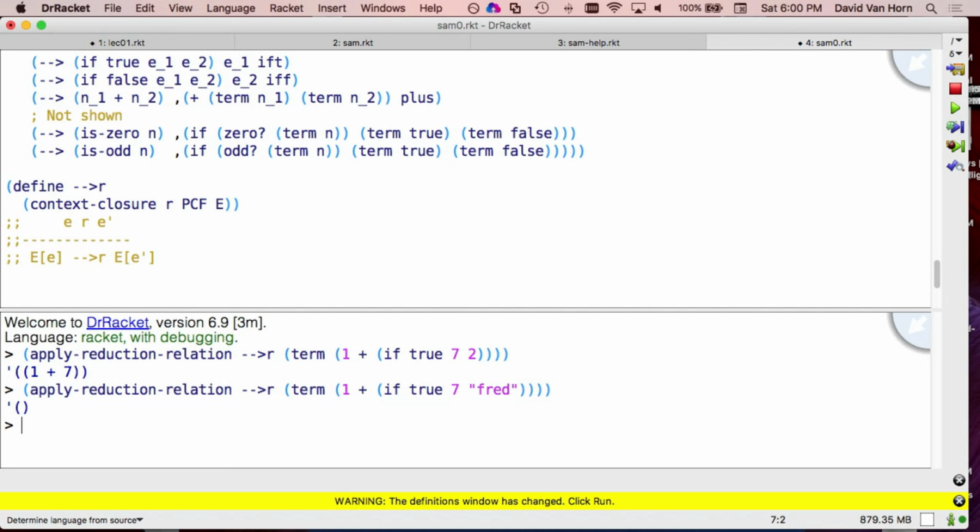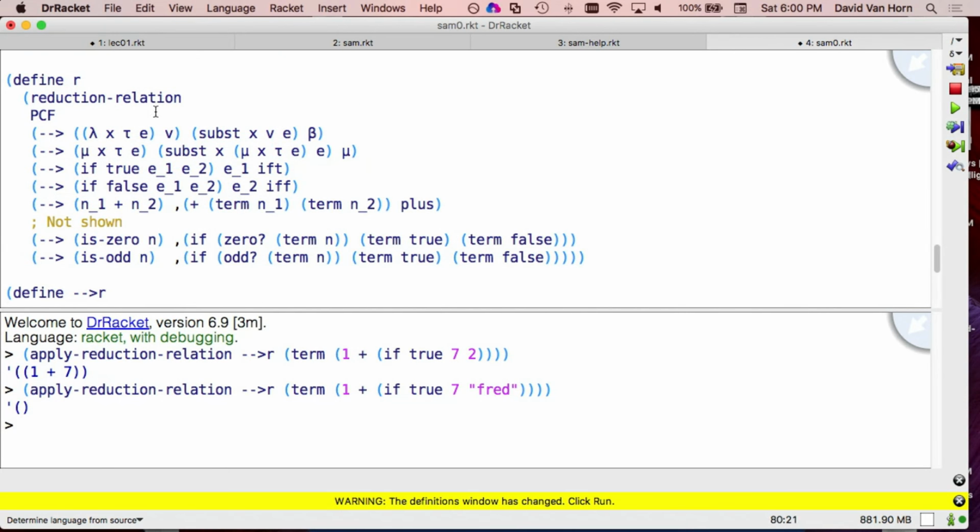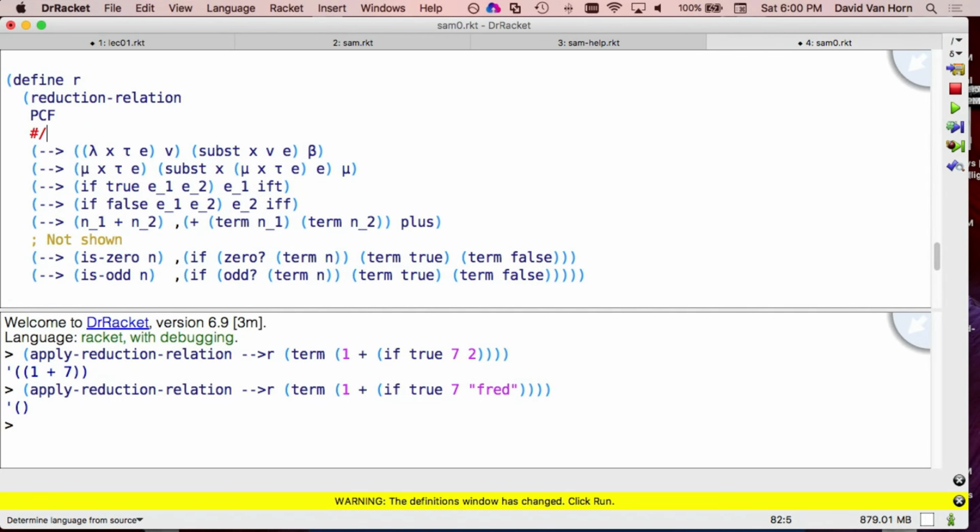So we can do a little better and say that the domain of our reduction relation is E. This is a binary relation on expressions, and so we can declare that, and then it will be checked.